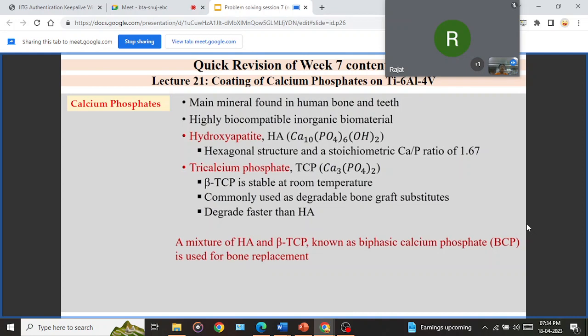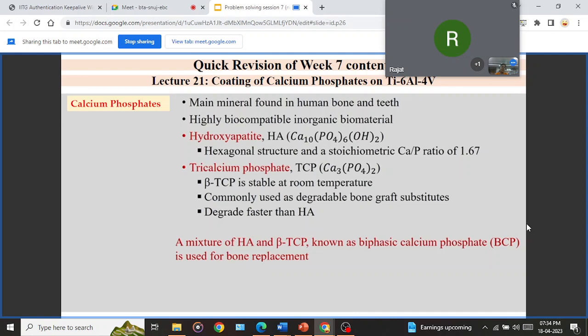Other than that, we can use calcium phosphate as tricalcium phosphate, that is TCP. Beta TCP is stable at room temperature, and it is commonly used as a degradable bone graft substitute. So if you want the bone graft implant to be degradable in nature, we use tricalcium phosphate. It degrades faster than hydroxyapatite.